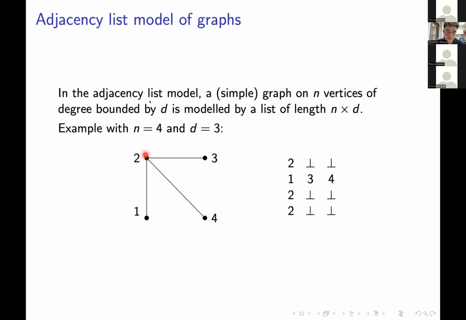The first vertex has the neighbor 2, but no other neighbors. That's why it's only 2, and then blanks in the second and third positions. The second vertex has all 3 neighbors present, so in the second row it has 1, 3, 4, and so on. So this is the adjacency list model.